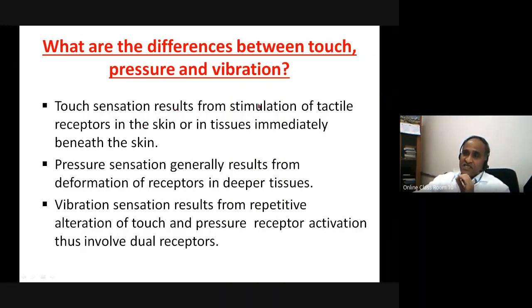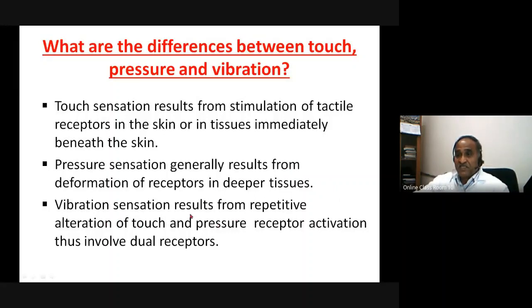Touch sensation results from stimulation of the tactile receptors, which are situated immediately underneath the skin. The pressure sensation generally results from deformation of receptors in the deeper tissues, at the subdermal or subcutaneous level, below the dermis.